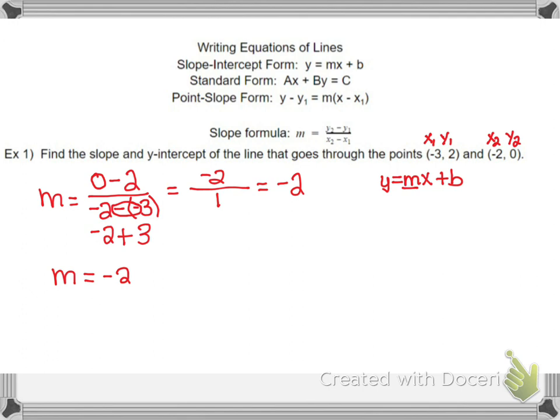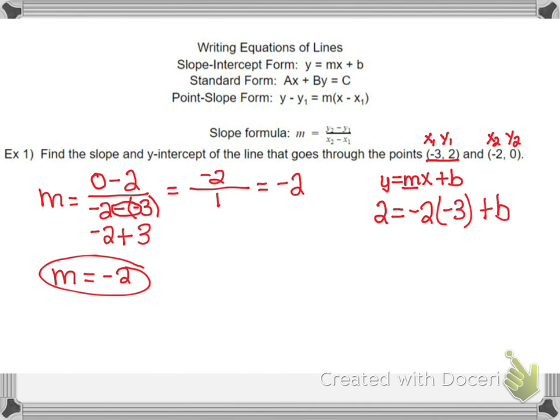I also can use an ordered pair, and you can use either one, for the x and the y. So since y1 is 2, I'm going to plug that in for the y. So y is 2. m is -2 because we found it with the slope. x is -3. And then we have plus b, which is what we're trying to find.